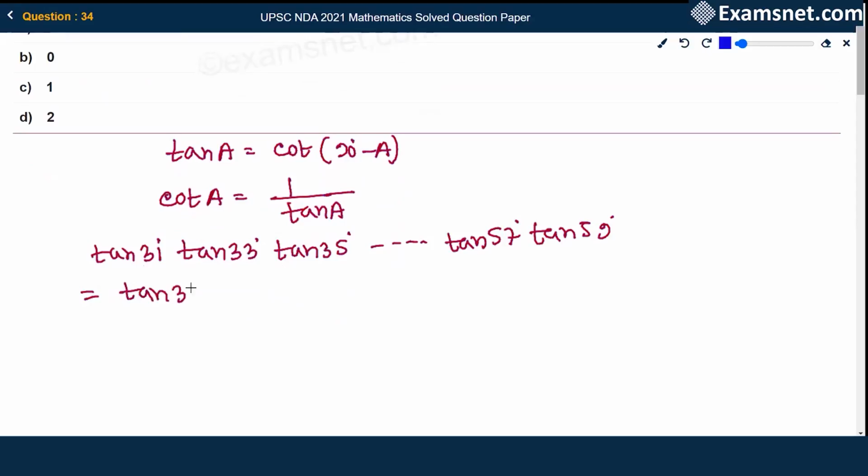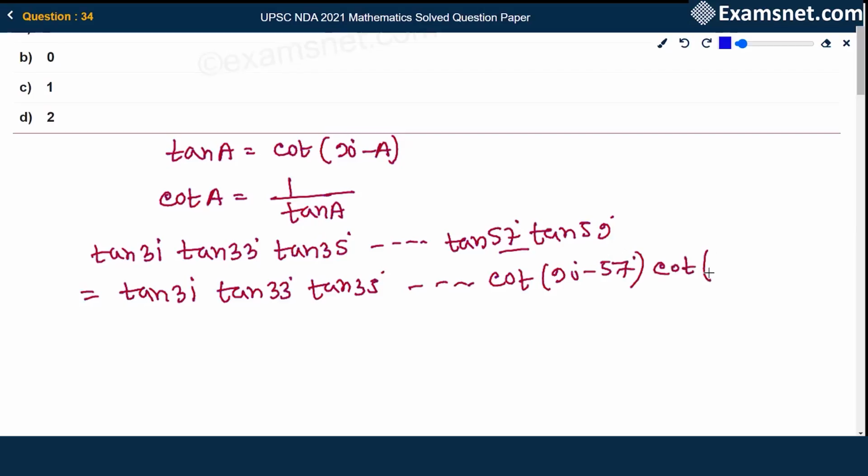So now tan 31 degree, 33 degree, 35 degree, and this tan 57 degree can be written as cot 90 degree minus 57 degree, also cot 90 degree minus 59 degree, because that will give us the value tan 59 degree or tan 57 degree from the complementary relationship. We have seen that.